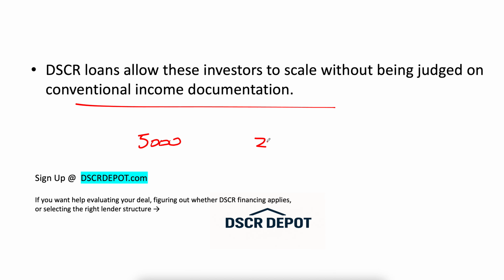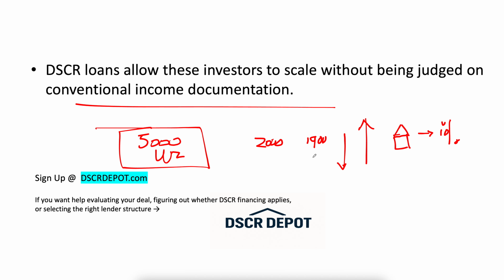You could do a $2,000 a month rental property and have a $1,900 mortgage, and over time, incrementally, you're going to pay down the mortgage, the rent's going to increase, and you're going to have control over this asset that is going to appreciate over time. So in 10 years, you may be in a better financial position, and it is just a great way to build equity without going all in with W-2 income on a personal property.